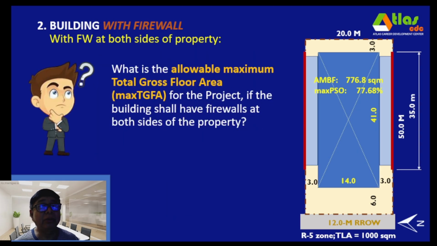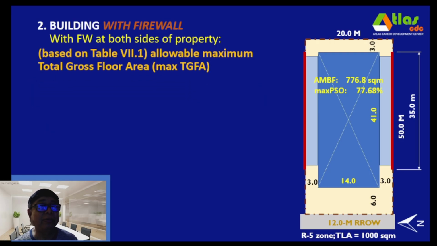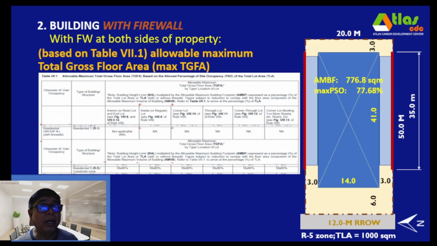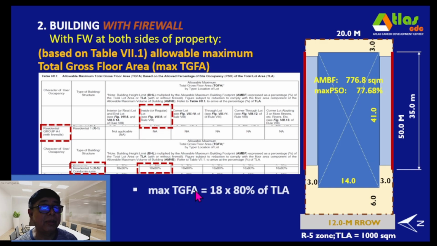Now we go to the value of the allowable maximum total gross floor area, or maximum TGFA, for the project if the building shall have firewalls at both sides of the property. Our reference here is table 7.1, the reference table for the allowable maximum TGFA. So let's find here the entry residential with firewalls, R-5, inside lot, which will give you 18 by 80% of the TLA.